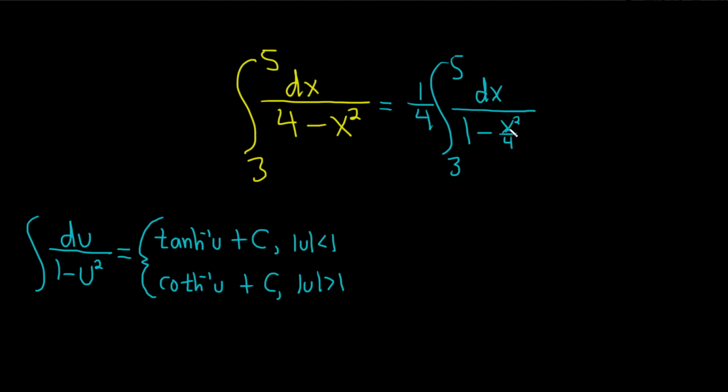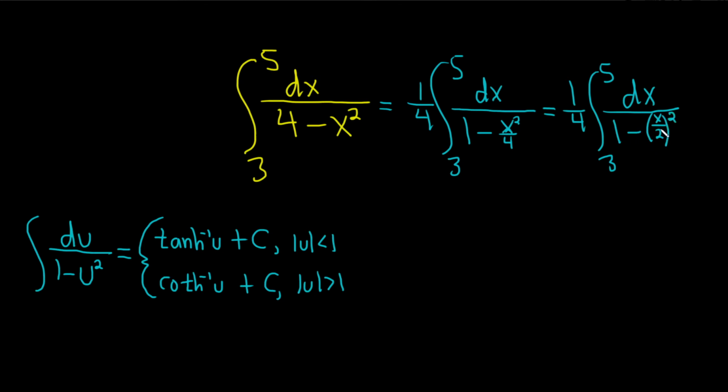If you think about it, when you multiply the 4 through on the bottom, it cancels. We're still not there though. This is equal to 1/4 definite integral from 3 to 5 dx over 1 minus, and then this is x over 2 squared. Okay, x over 2 squared.